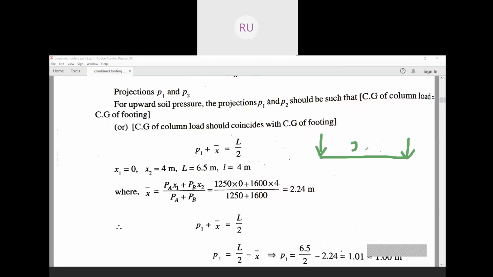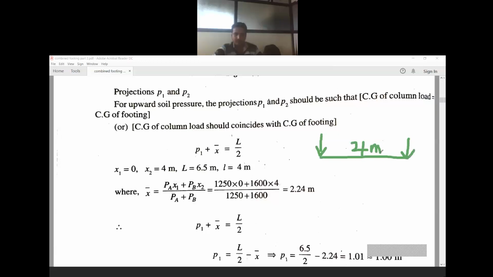See, distance between the two columns is 4 meter. So it is 1250, calculate properly, 1250 and this is 1600.